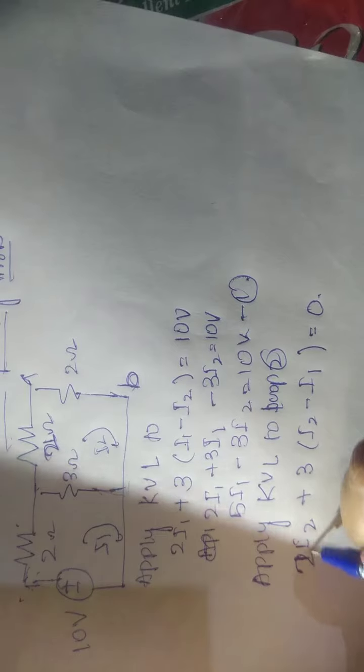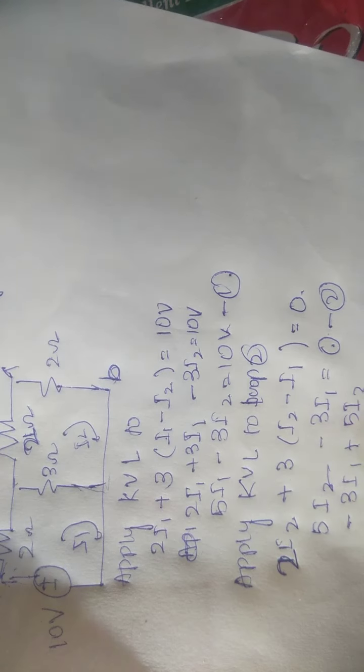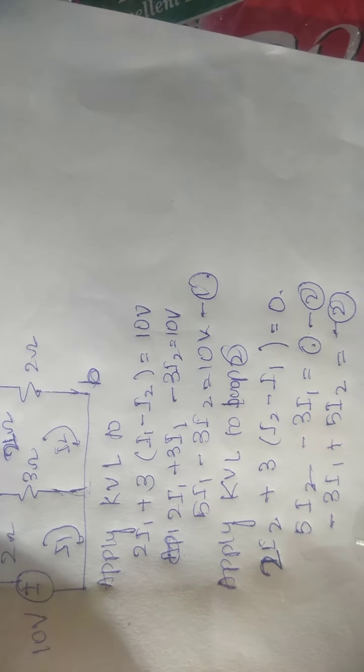It is a 2 ohm, equals 5I2 minus 3I1 equals 0. We have to take equations 1 and 2 and find out: minus 3I1 plus 5I2 equals 0, equation number 2. Right?